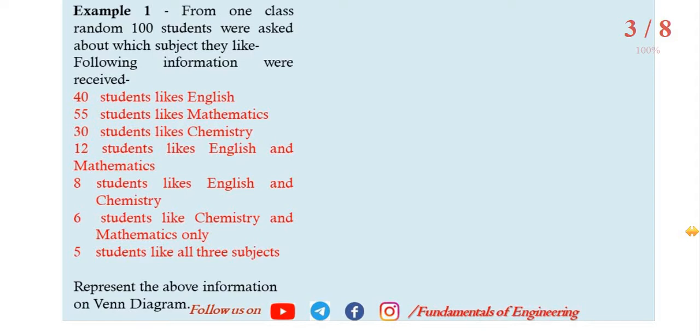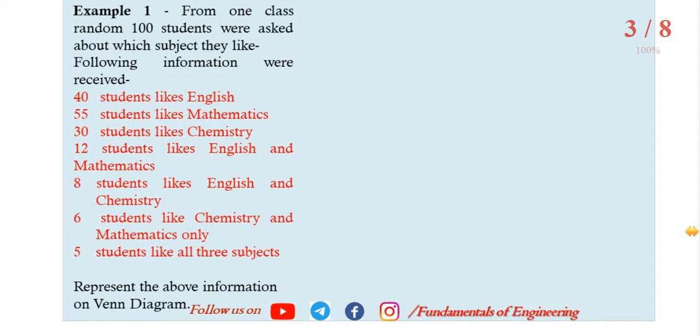From one class, we asked 100 students which subject they like: English, mathematics and chemistry. 40 students said that they like English, 45 students said that they like mathematics, and 30 students said that they like chemistry.